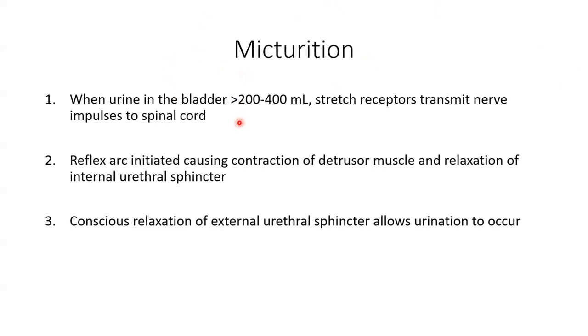That initiates a reflex arc, which causes contraction of the detrusor muscle, the muscle that surrounds the bladder and will help expel urine from the body, as well as relaxation of our internal urethral sphincter. When the timing and place is right, like we've actually made it to the bathroom, we then have conscious relaxation of our external urethral sphincter, which is made up of skeletal muscle, and this allows urination to occur.